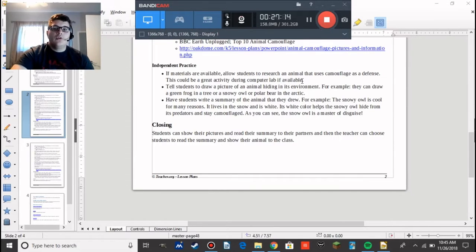However, I think a better idea may be to have some animals available that you've already researched and assign certain students certain animals, maybe make it a group project to make it more inclusive. For example, if you have, let's say, 30 students in your classroom, there could be 6 groups of 5.